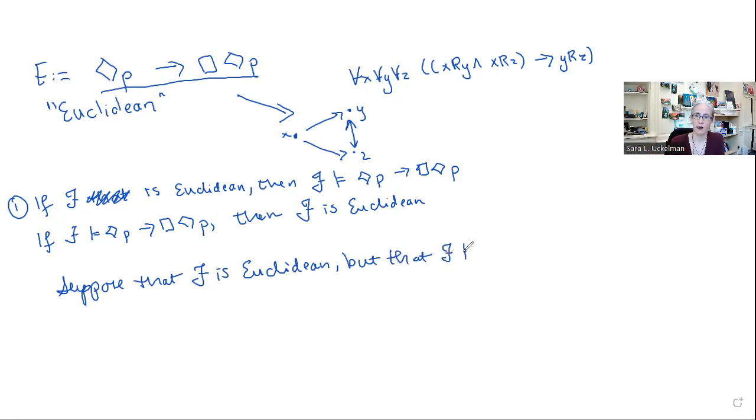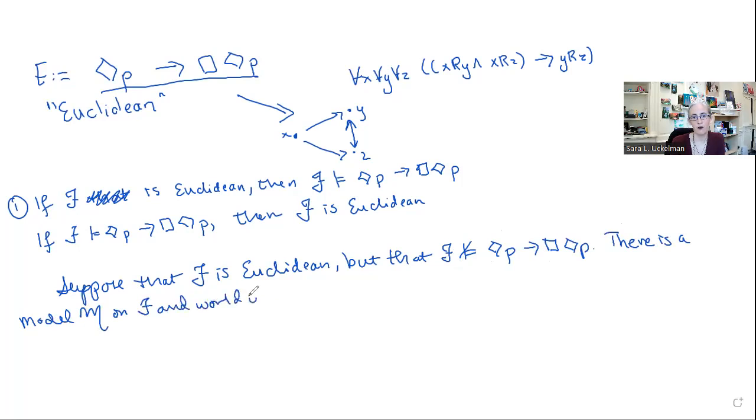So we don't have possibly P implies necessarily possibly P. If the axiom is not valid on the frame, this means that there is a model M on that frame and a world W such that on that model at that world, the axiom is false.